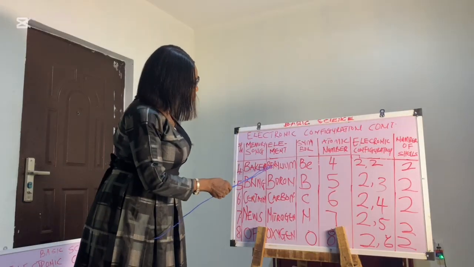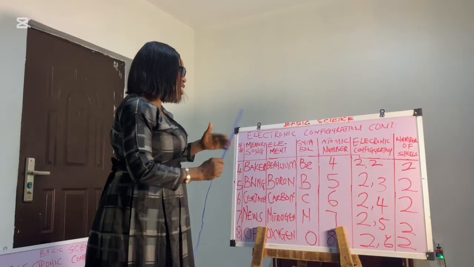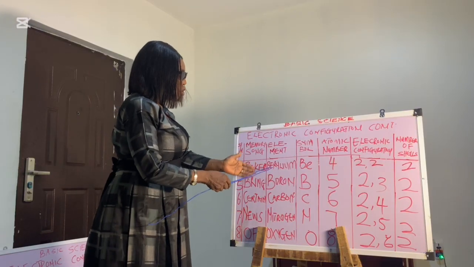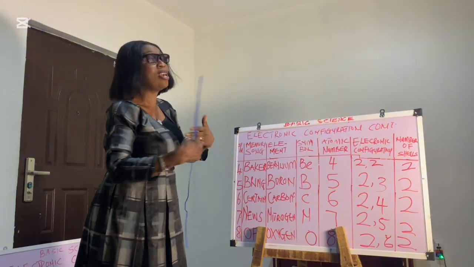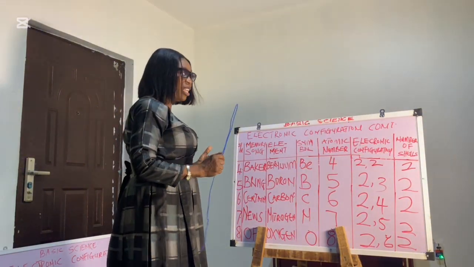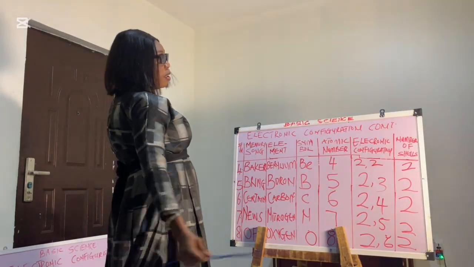Very simple. E comes before O, so beryllium and boron, beryllium will be the first one. It's just a method I normally use to help myself memorize this science stuff.